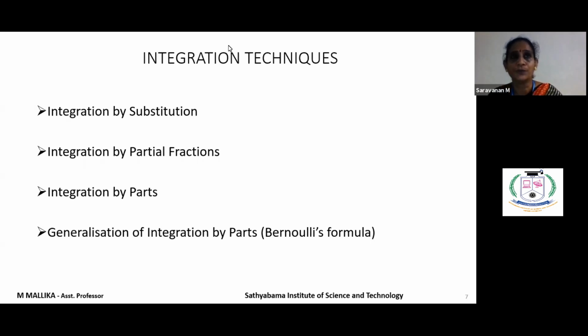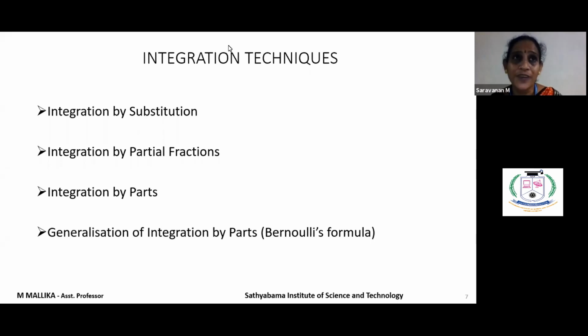So how do you know whether you want to do substitution or partial fractions or by parts and so on? In most cases, in order to do substitution, the main trick is that inside the integral, you can find two terms such that one term is the derivative of the other.